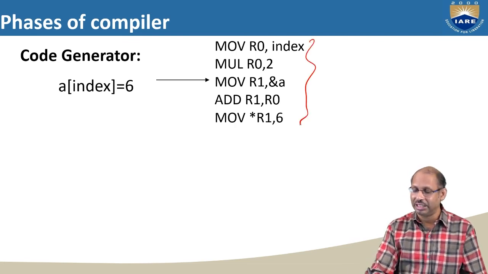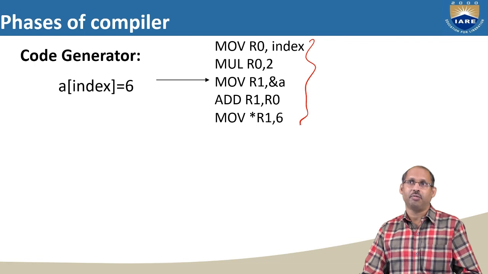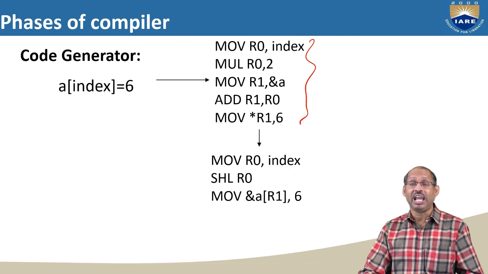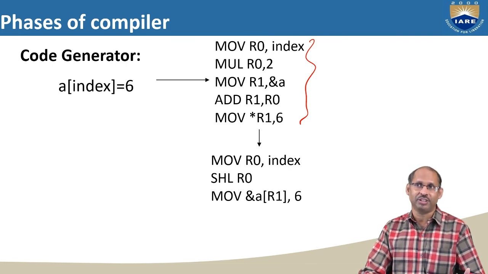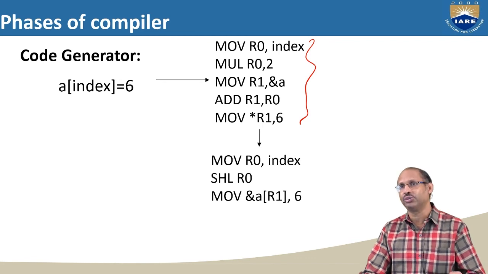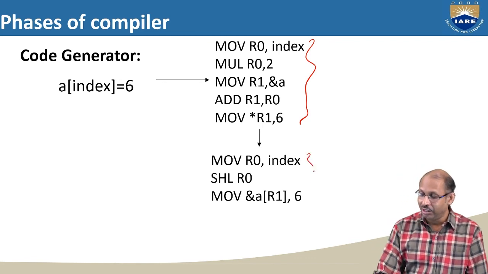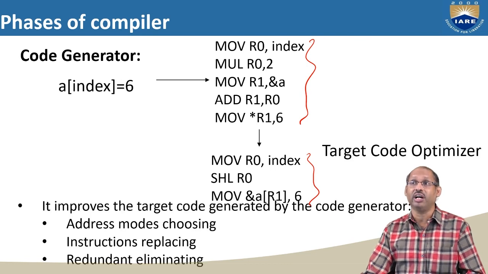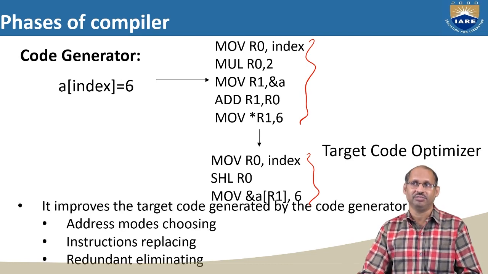This is the resultant assembly language program. But in the code generator also, we will apply some optimizing methods so that we get minimized, efficient assembly language or machine code statements. So finally, we get only three statements: target code optimization.